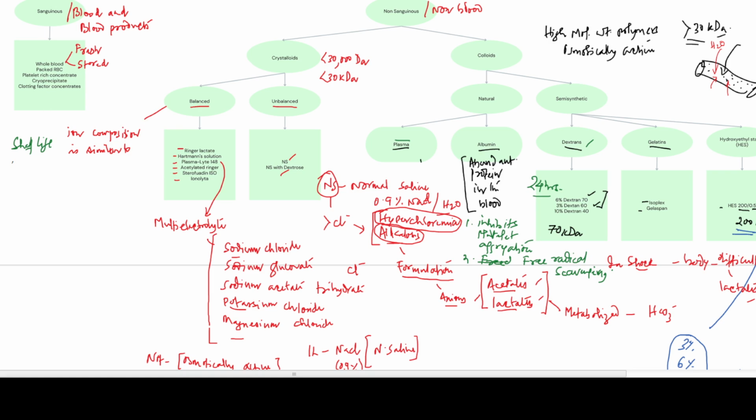When we transfuse, logically we need to put these things together again, right? So usually it's given in a ratio of 1 to 1 to 1, or 1 to 1 to 2. What is that? Plasma to platelets to packed red cells.